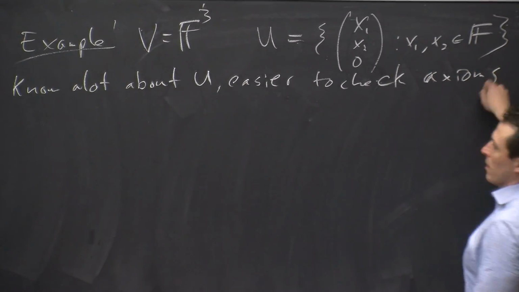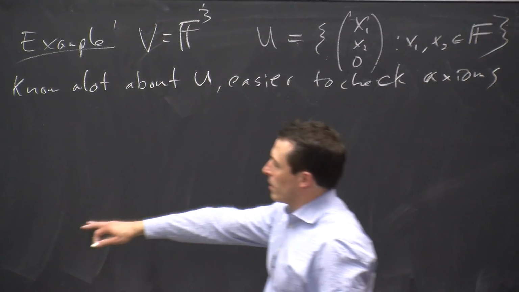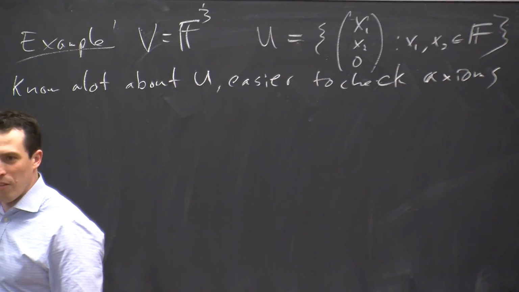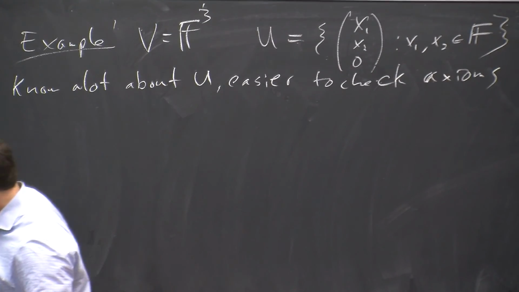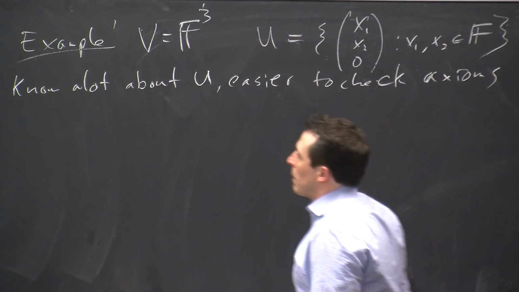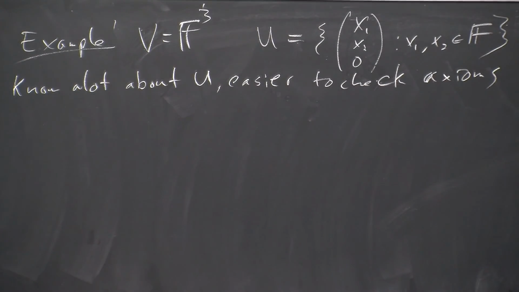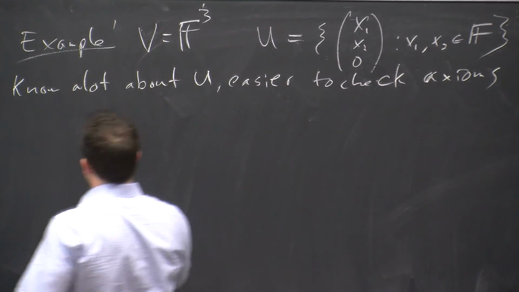It's easier to check the axioms. So naively, when you look at this definition, you think, oh, no, I'm going to have to check all of those definitions to make sure that it's also a vector space. But because it shares so much structure, we don't have to really do all of it. We can simplify that.